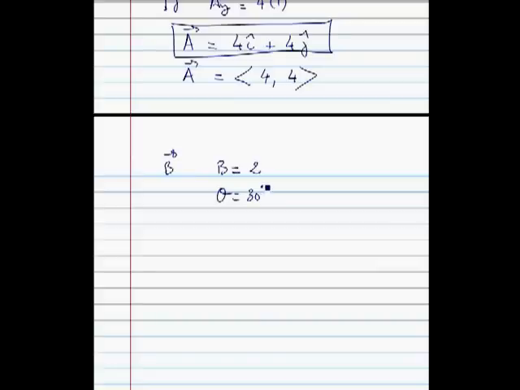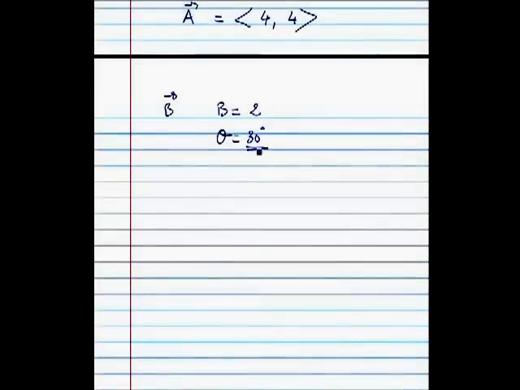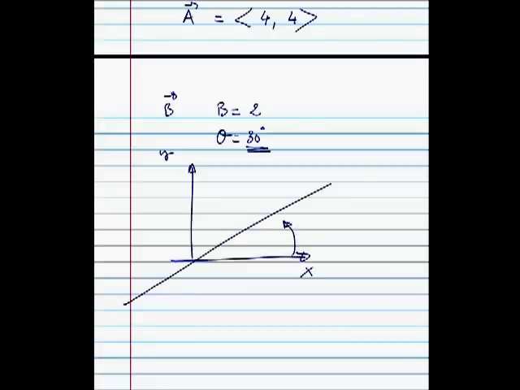When nothing is specified, you can always assume that this angle is measured from the positive x-axis going counterclockwise. In this particular case, the direction of my vector b has to be along this line, going towards the right and up.